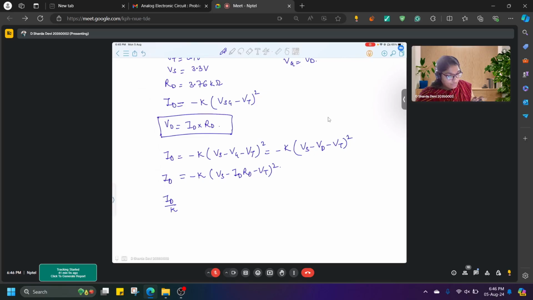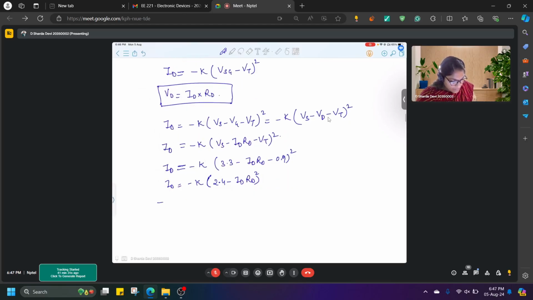We can solve it in many ways, but we can make a quadratic equation, which will be easier to solve. So let's solve it in quadratic fashion. It is ID equals K times (3.3 minus ID RD minus 0.9) whole square, that is K times (2.4 minus ID RD) whole square.